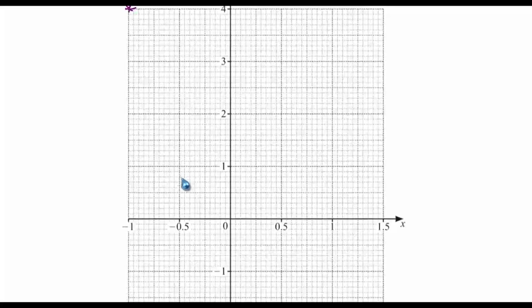So it will be somewhere around here. Okay, so you take the next one. When x equals 0, y is equal to negative 1. So the next point will be here. When x equals 0.5, y is equal to minus 1.2. So that can be approximated to minus 1.3.